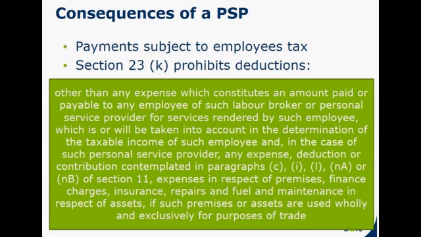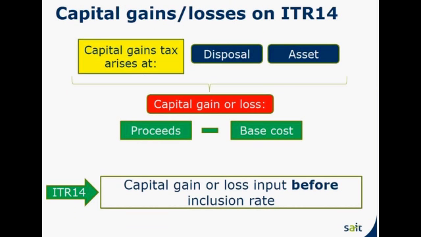The capital gain or loss is before the inclusion rate of a company, that 66.6%, has been applied. The form won't do it for itself. So you have to put in your proceeds, your base cost, and this will be your resulting capital gain or loss.